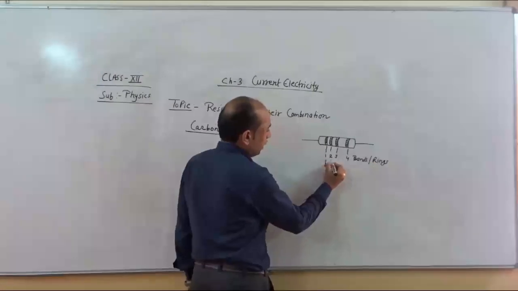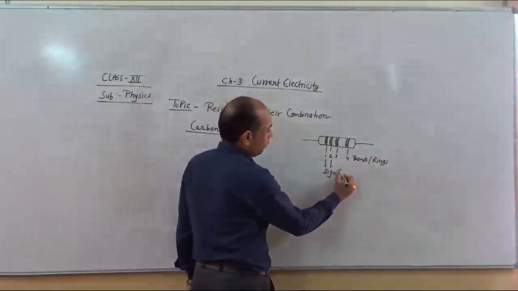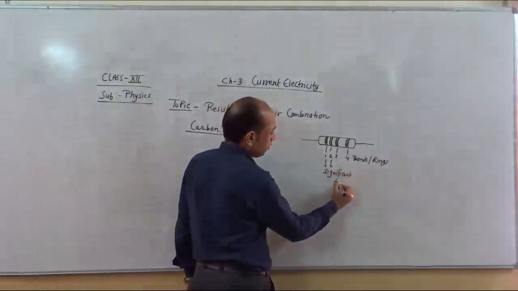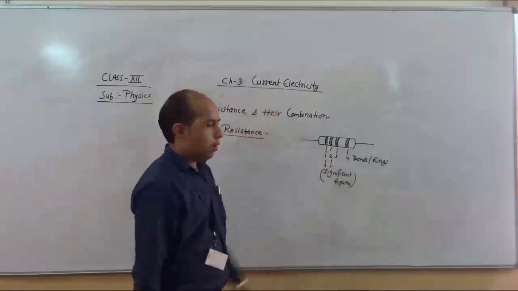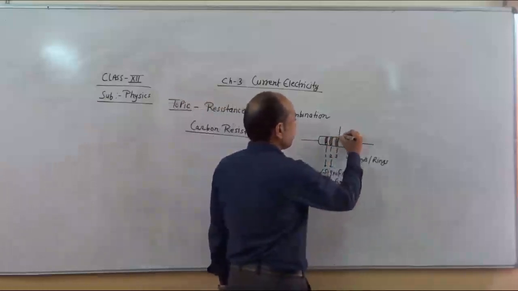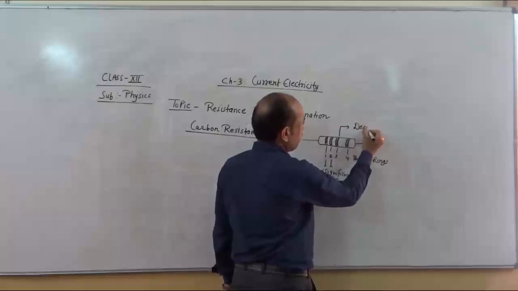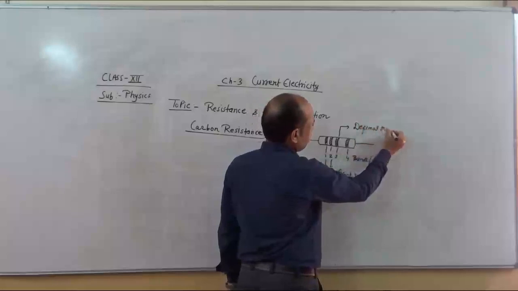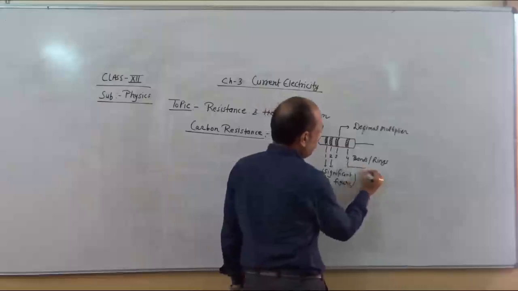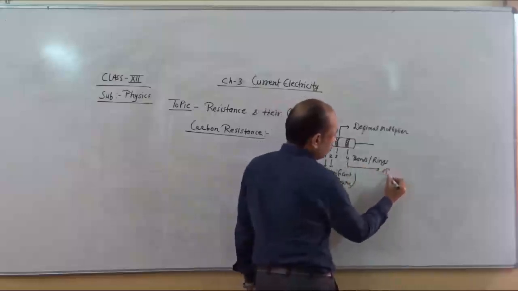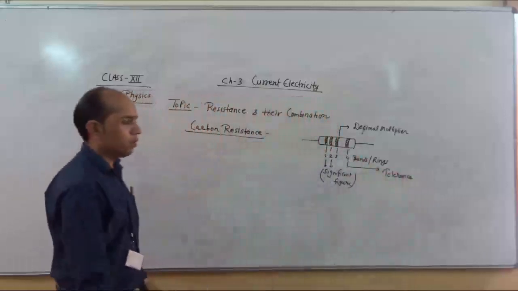The first and second bands indicate the significant figures. How it works, I will explain. The third band indicates the decimal multiplier. And the fourth band indicates how much tolerance the resistance has.